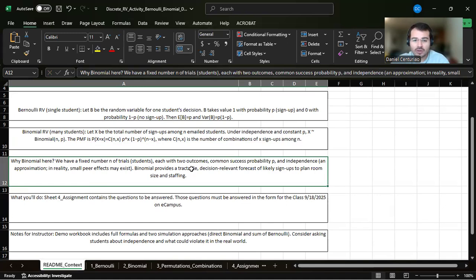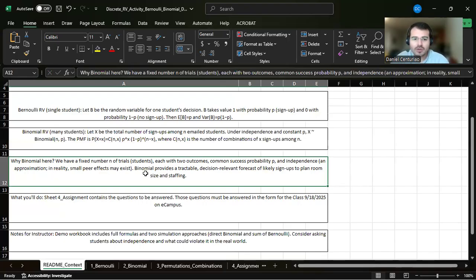And we have just two outcomes: signing up and going to the session, or not signing up. We denote that probability of success as P, as I already told you, and we have this independence assumption, which we can discuss whether it's an effective assumption or an approximation of reality on average.